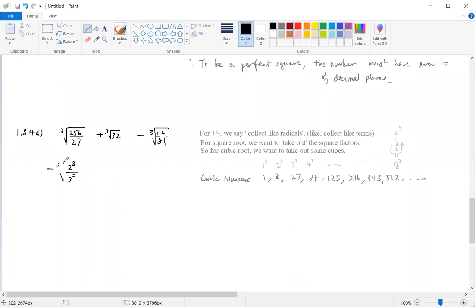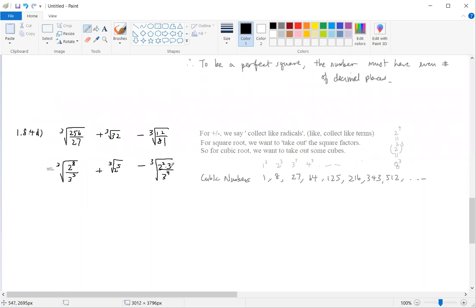But since I recognize this is just a power of 2, I'll write it like this. Then we can easily take out some powers. This is 2 to the 5, cube, minus the top here is 2 square and then a 3. The bottom 81 is 3 to the 4, cube.